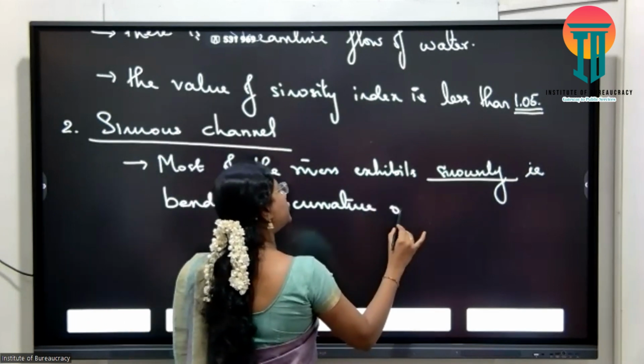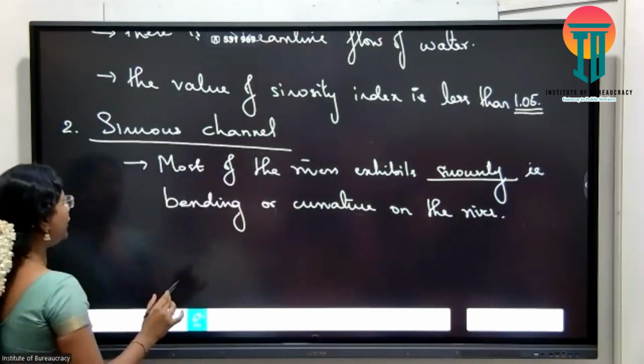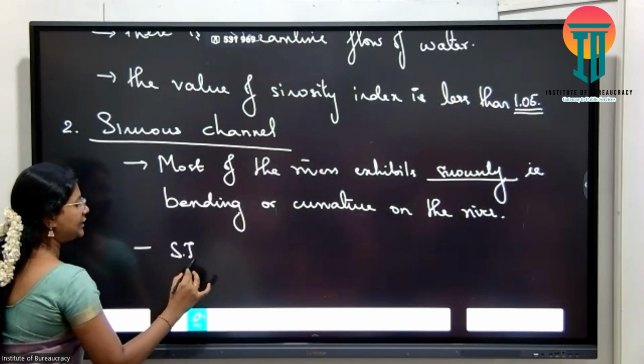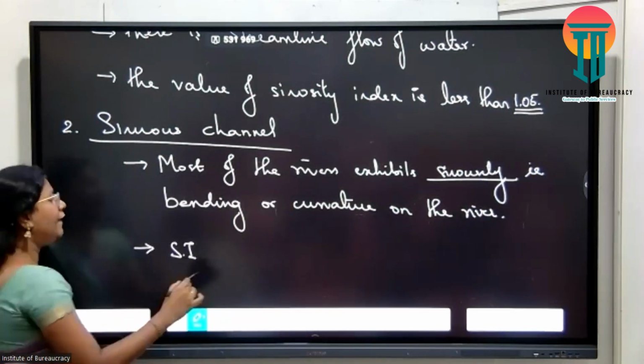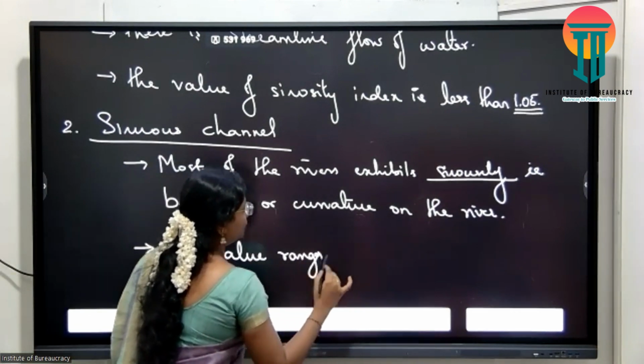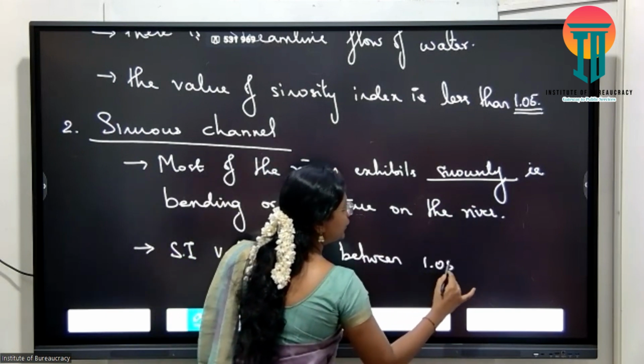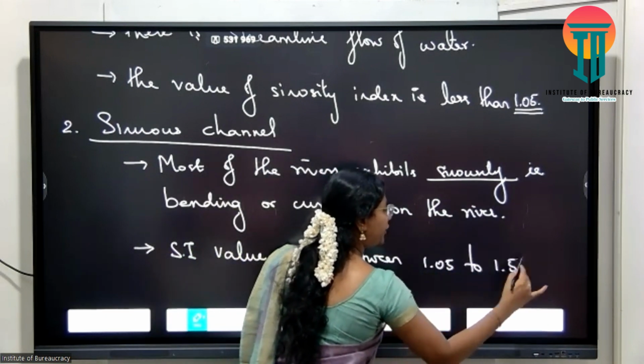So sinuous channel iruknona adoda sinuosity index, SI represents sinuosity index. The value ranges between 1.05 to 1.5.